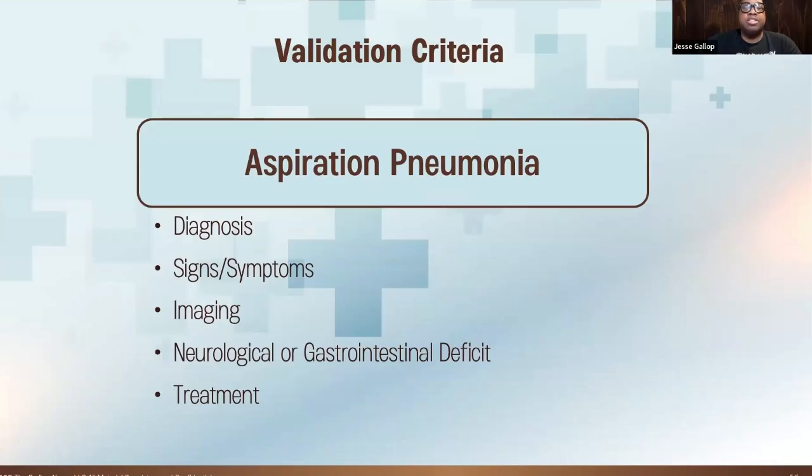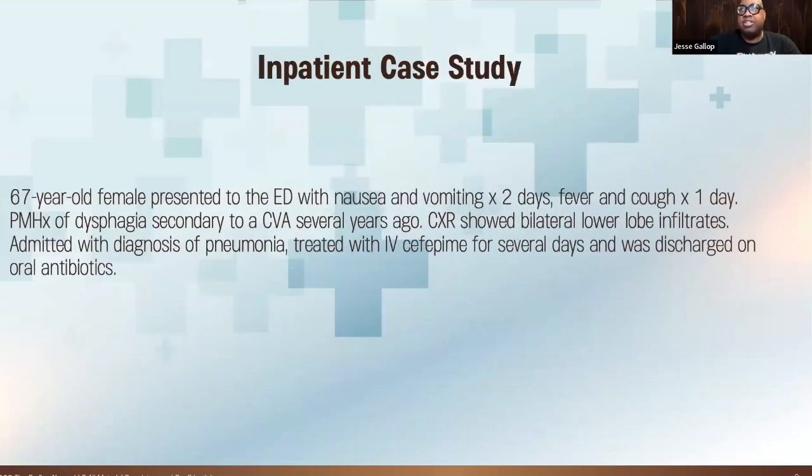So if we go back to the scenario, we know that we validated pneumonia, but we also have a neurological deficit because the person has dysphagia secondary to a stroke several years ago. And they also had nausea and vomiting. So that would be a GI deficit. So they cover all the bases.